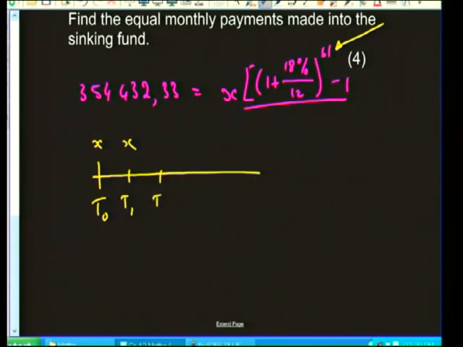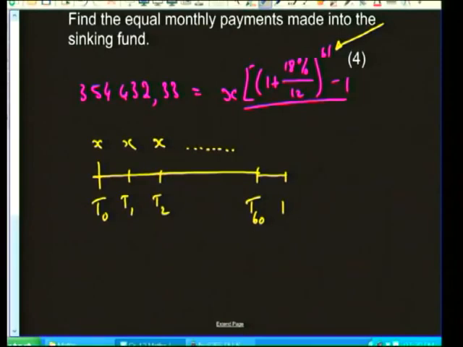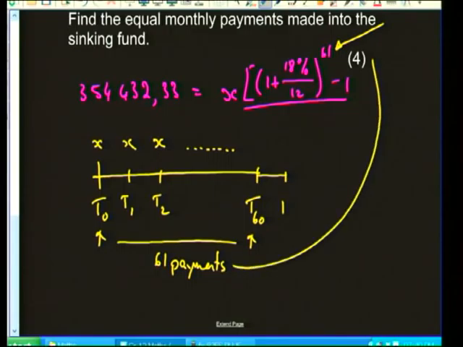And after my second month, putting away monthly, I put away my next X. And that continues on and on until the end of 60 months, which is at the beginning of the last month. So at the end of the last month, I would have actually made my 61 payments. There we go. We started immediately. At the end of 60 months, I now have 61 payments. And that is why I use the number 61 over there. All right.